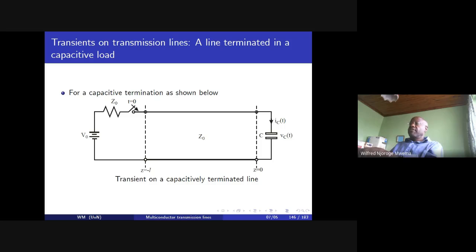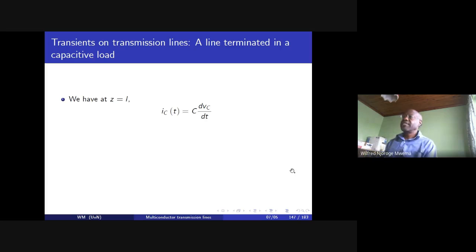Do you have any questions already? Well, then I'll continue, and we'll see that the circuit theory equation is that the current through a capacitor is going to be proportional to the time rate of change of the voltage across the capacitor.